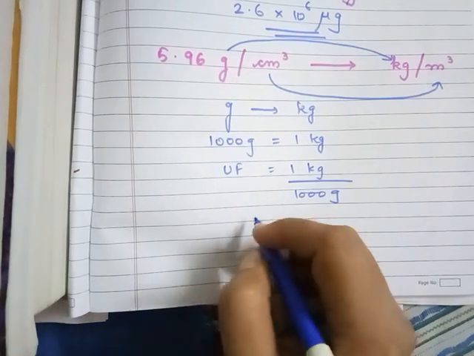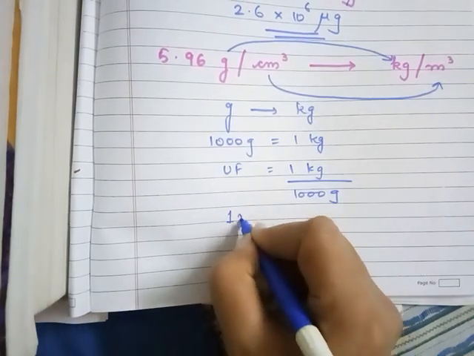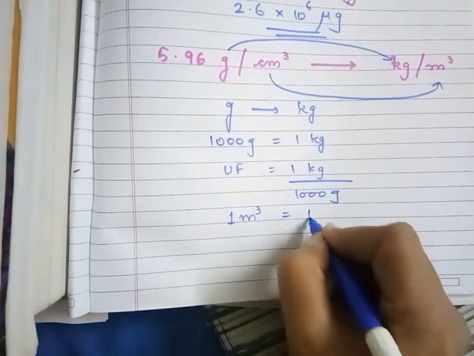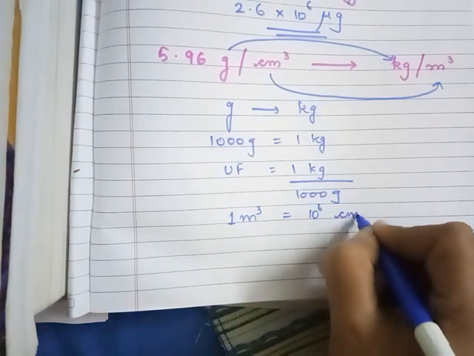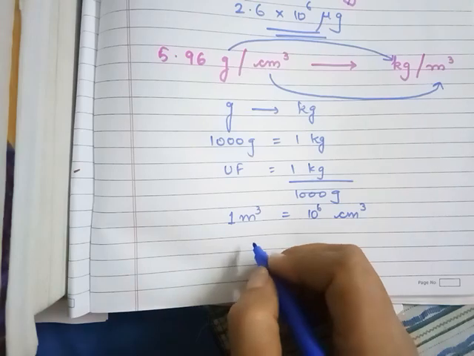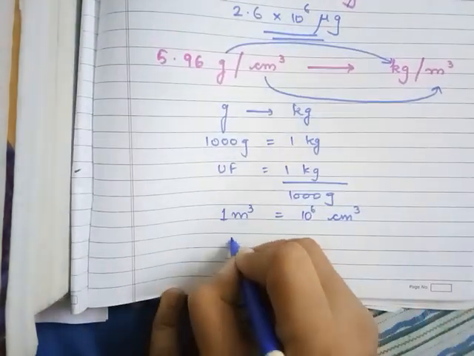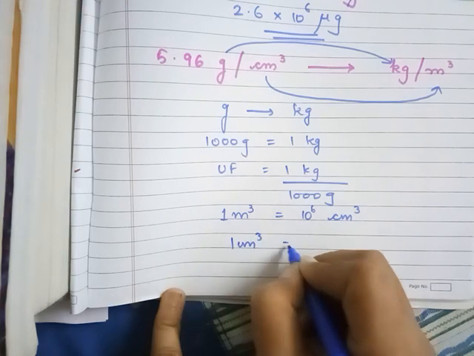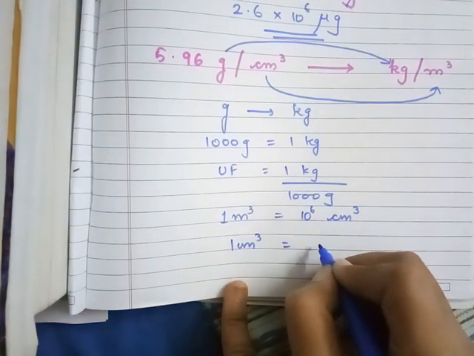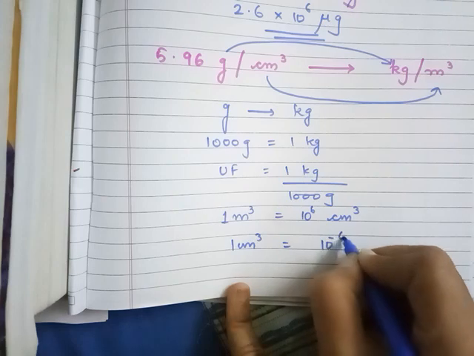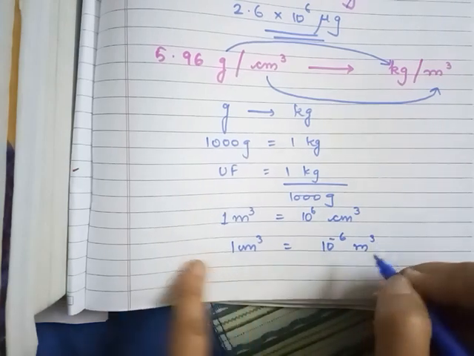And for centimeter cube and meter cube, we have seen 1 meter cube is 10 to the power 6 centimeter cube. I require centimeter cube to be turned, so 1 centimeter cube is 10 to the power minus 6 meter cube.